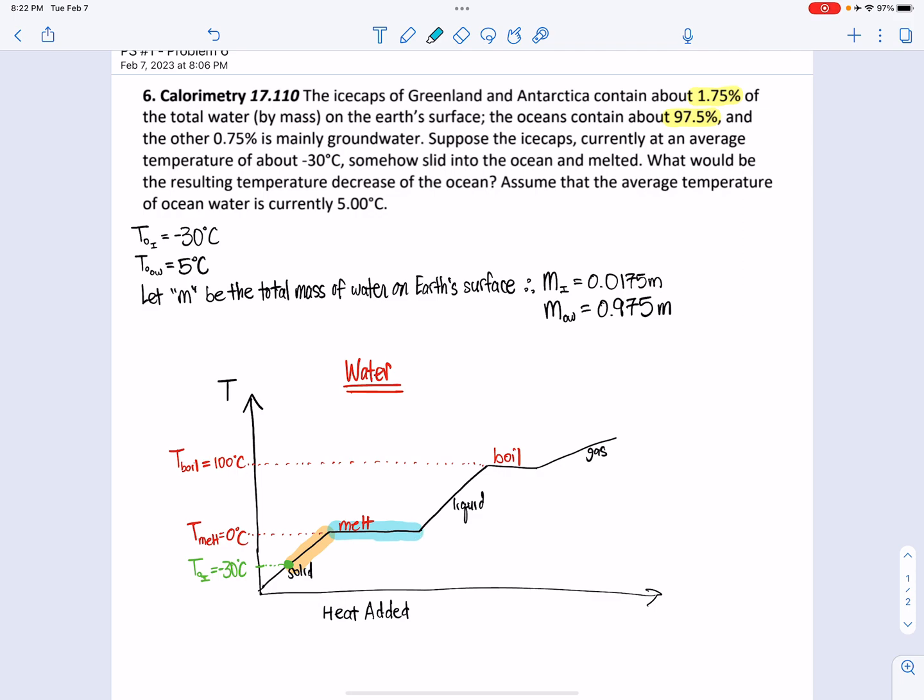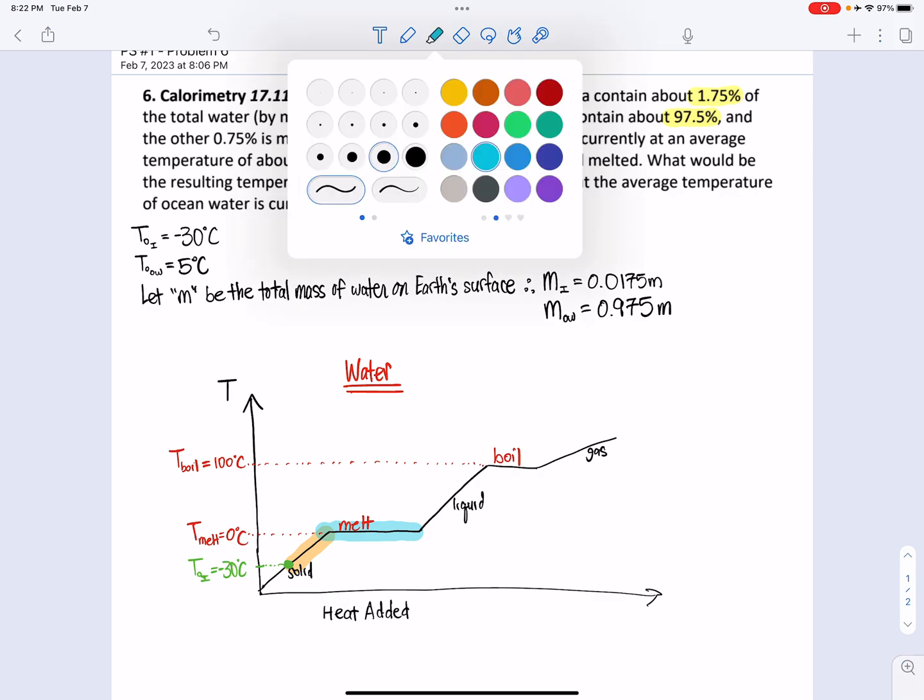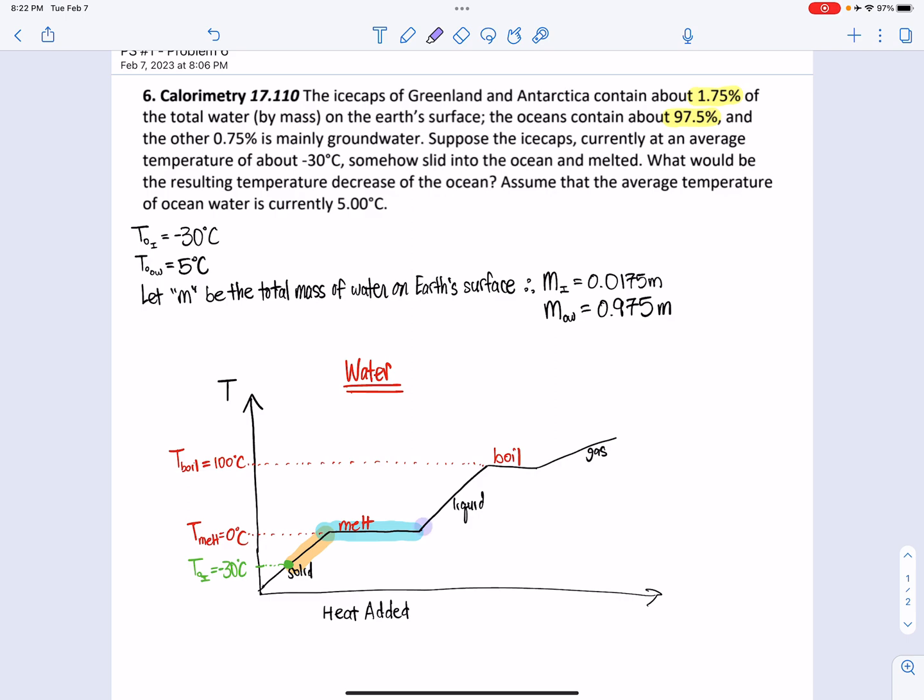This is for the ice. And then after the ice melts, it becomes water, so it ends up somewhere here in the liquid region. I don't know what the final temperature is. That's what we're trying to find out. But I know that it somehow ends up here in the liquid region. And that's just a little background, which we're going to use later because that's kind of important.